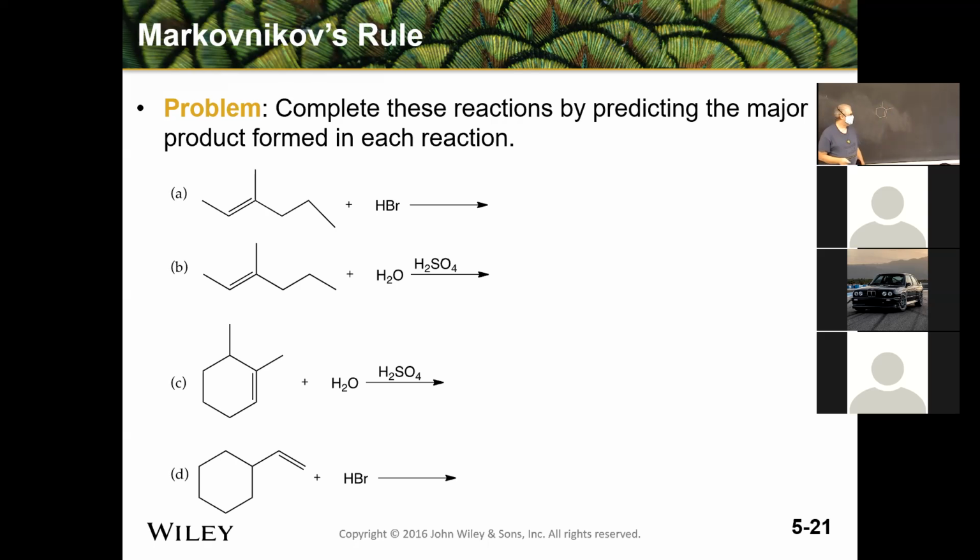So H and OH, which position gets the OH? 2, right, and position 1 gets the H. All right, so our product, rich get richer. There was an H there already, so this becomes a CH2, and then OH goes here.